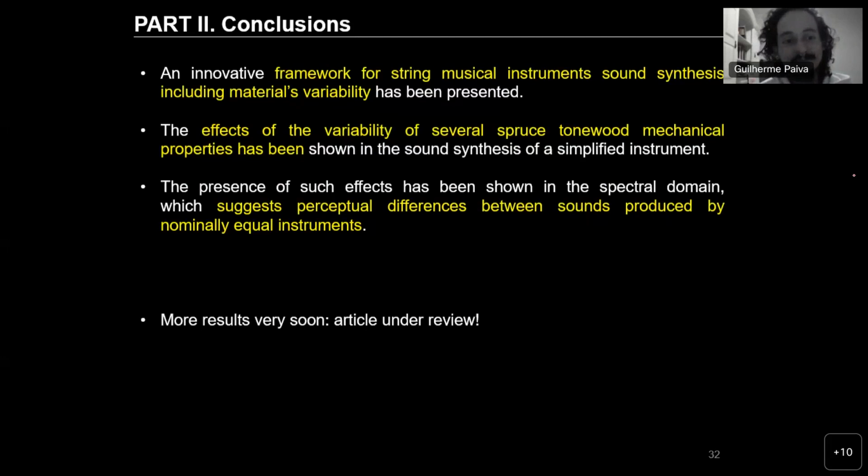Actually, there are some works that have already investigated and proved that nominally equal instruments generate different sounds. But the interesting thing about this approach is that we can isolate variables in order to investigate the influence of each parameter uncertainty on the sound.